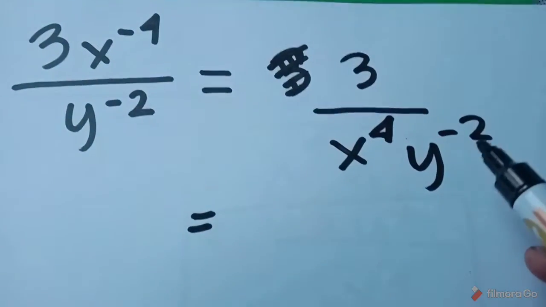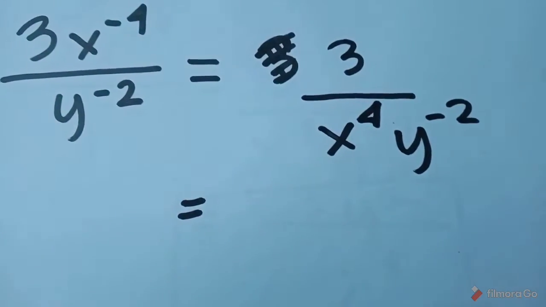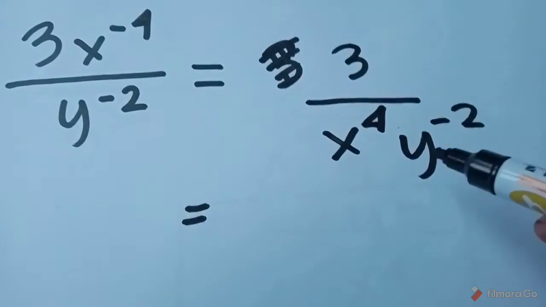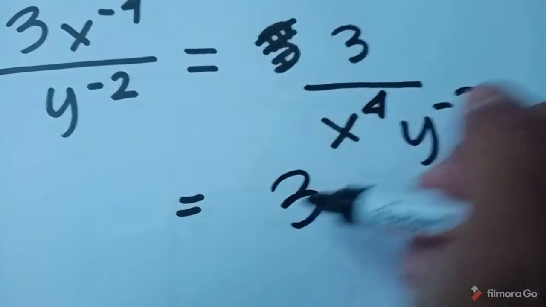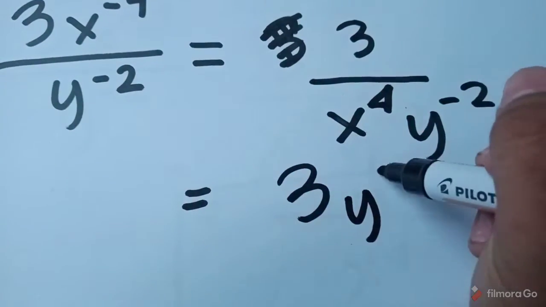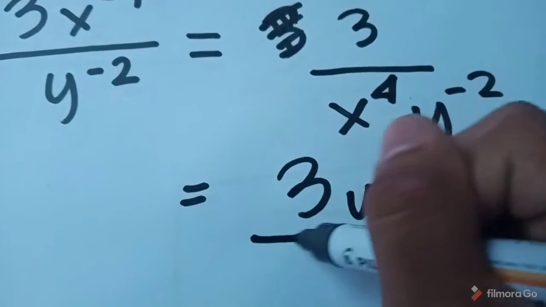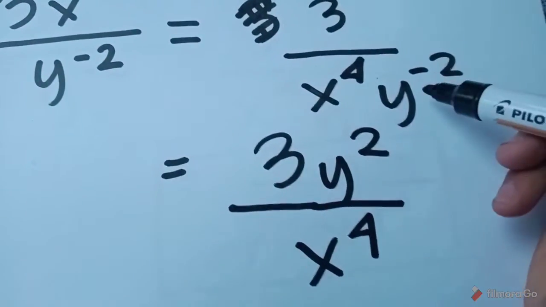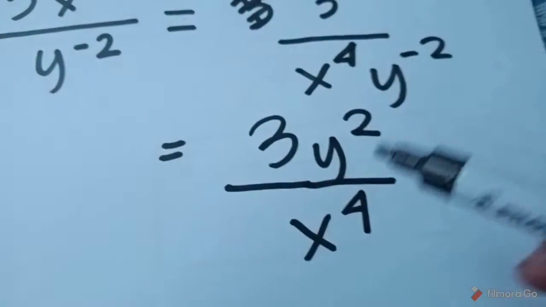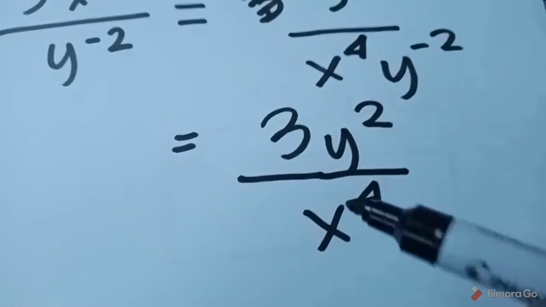Y to the negative 2 has a negative exponent, right? So in order to make it standard, let's move it to the opposite side of the fraction. Then 3y squared over x to the 4 from here to here. This is the final answer and it is in standard form.